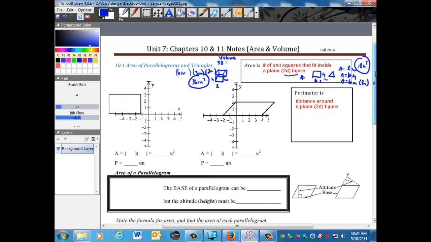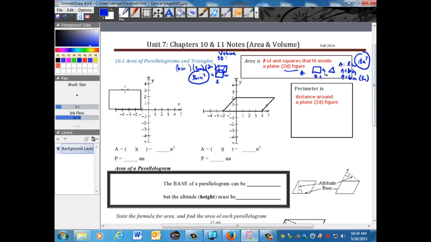If we go by our definition and we extend out this line from 2, and we extend out this line from 1, and then we extend up, 2, 3, 4, 5, what we're seeing here is that we can count each of these squares as the area.